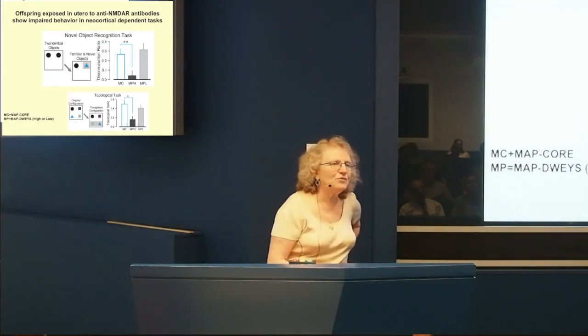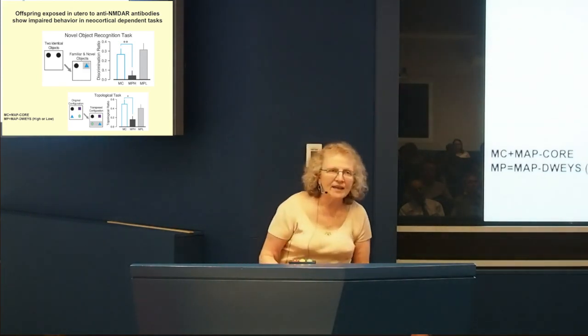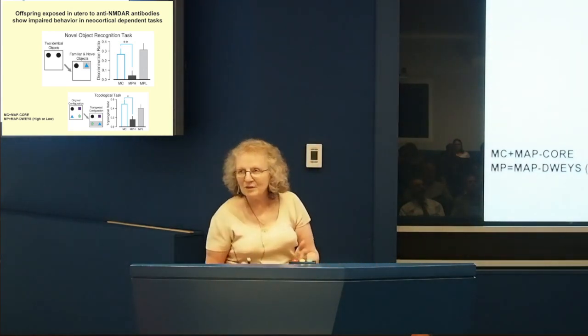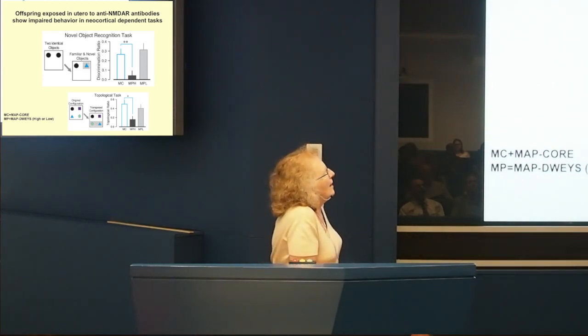And when these mice grew up, they were assessed on a large variety of tasks, and they had a normal memory function, and they had a normal stress response. But in just a few assessments, they had abnormal behavior.